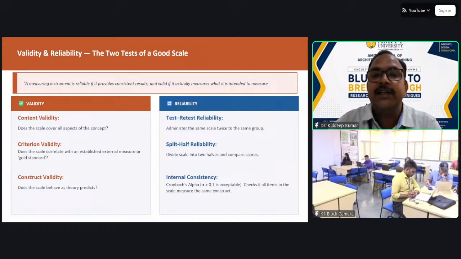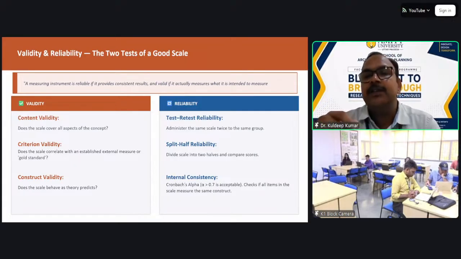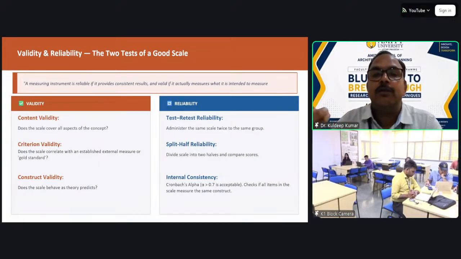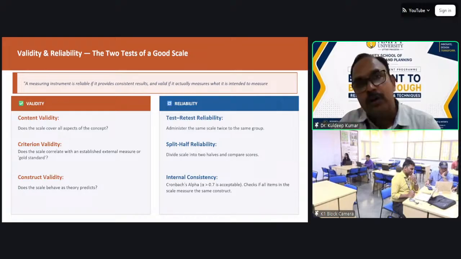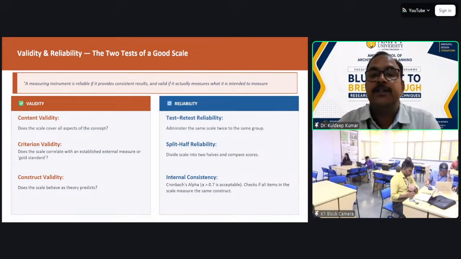Test-retest reliability means you administer the same scale to the same group twice, a few weeks apart. If the scores correlate strongly, the scale is reliable. Split-half reliability is dividing your scale into two halves and comparing the scores on each half. A strong correlation will indicate reliability.